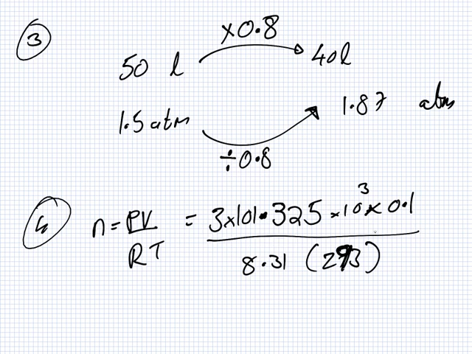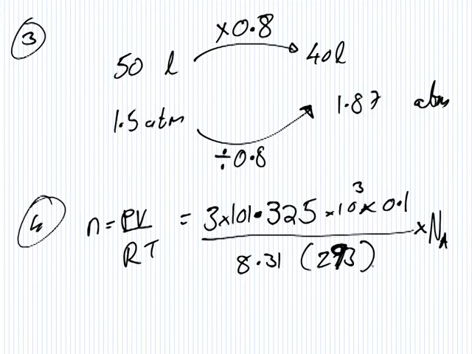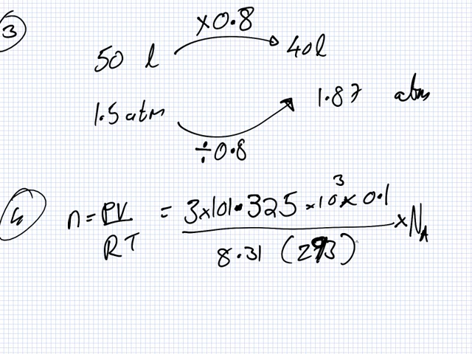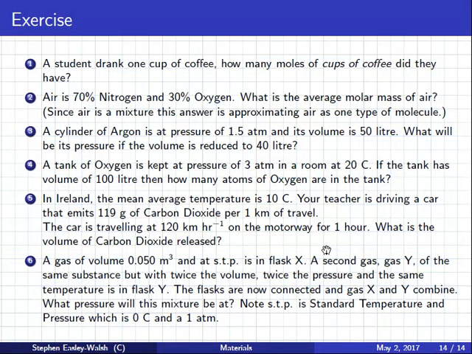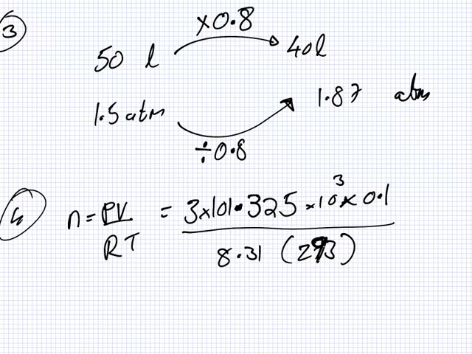And then we multiply the answer by Avogadro. And do we need to multiply by 2? Does oxygen occur in pairs? Yeah. And I asked for atoms? Did I ask for molecules or did I ask for atoms? Atoms. So multiply this answer by Avogadro, then multiply it by 2.